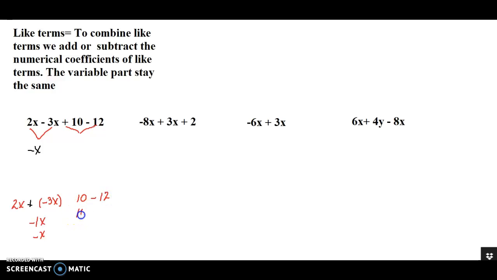So that would be 10 plus a negative 12. And 10 plus a negative 12 gives me a negative 2. So it would be minus 2.